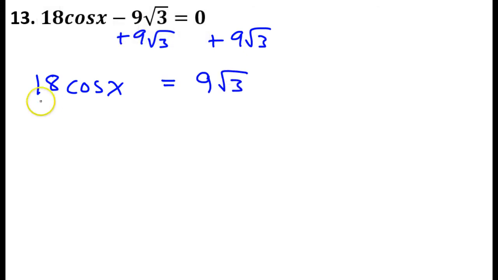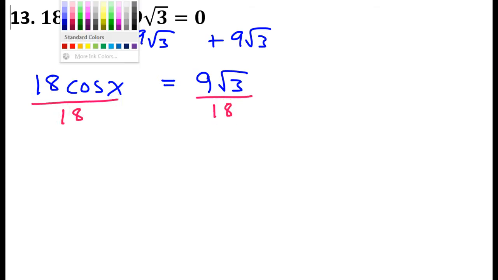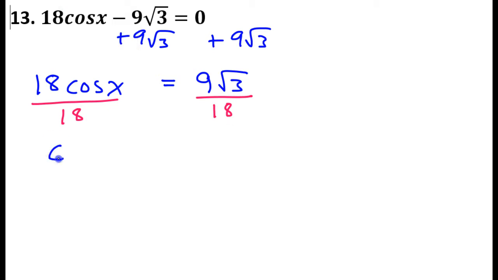Now it is time to divide both sides by 18. Alright, 9 goes into 18 twice, so that's going to be radical 3 over 2. Cancel those out. So that's as far as we go here.